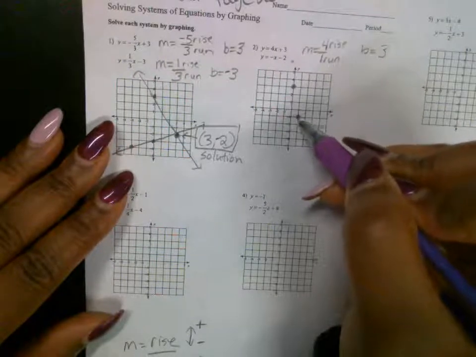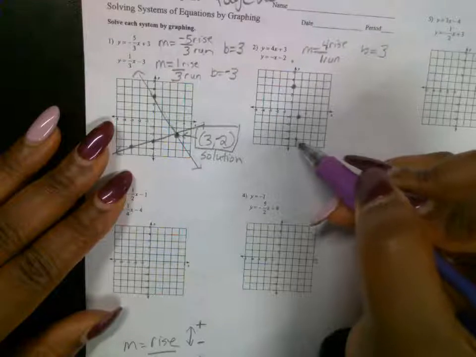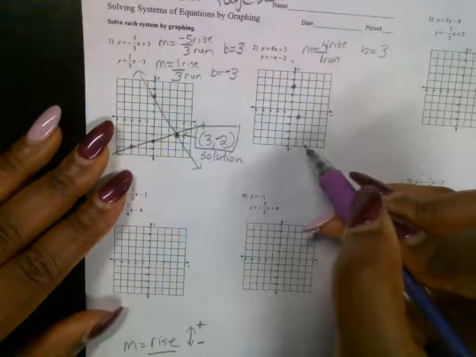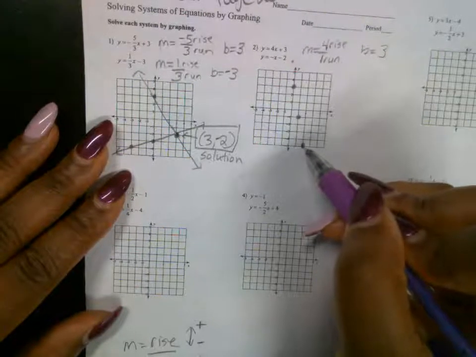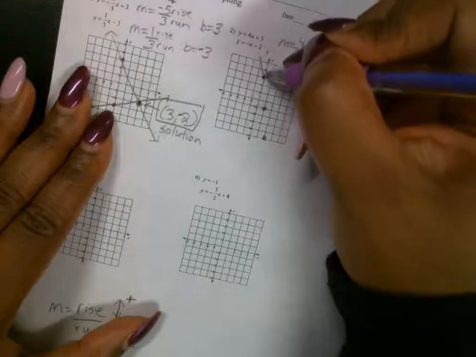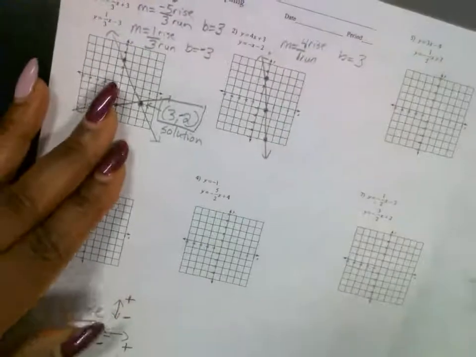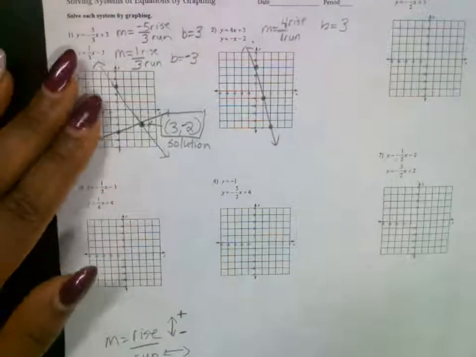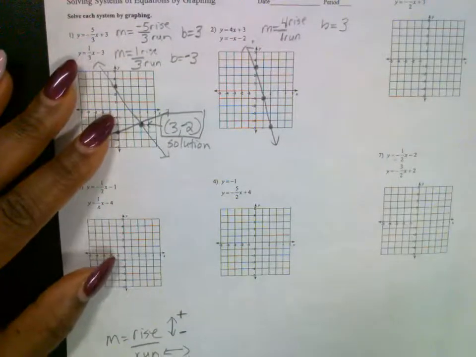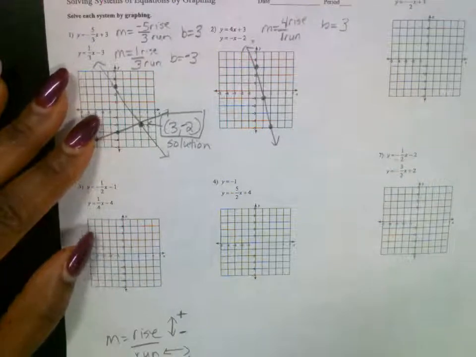Working backwards. Down 1, 2, 3, 4, and to the left 1. Draw your line a little bit straighter, and make sure that you put arrows at the end.